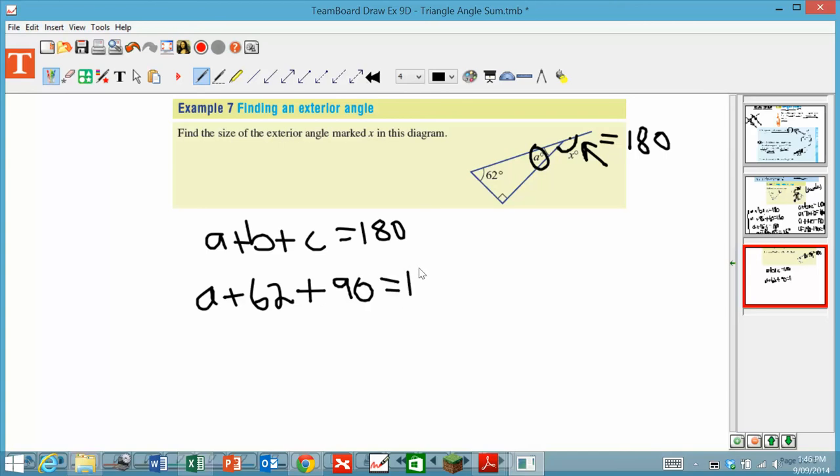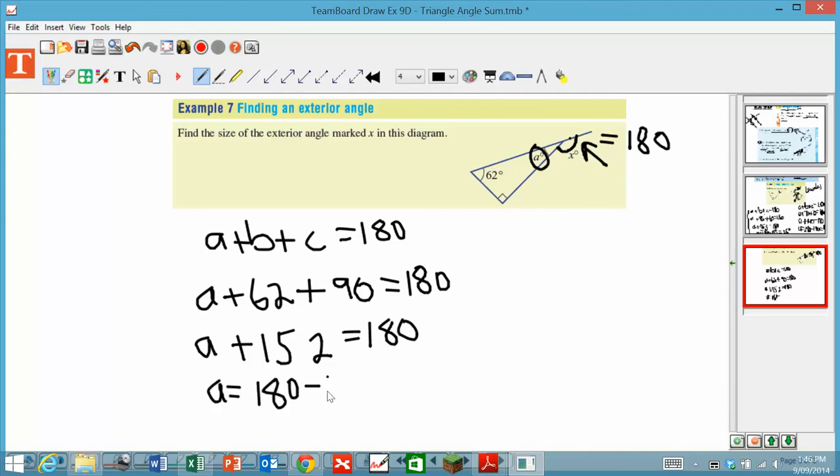And all that is going to equal 180. So A plus, got to add these two, so it's 152 degrees equals 180. So A equals 180 minus that 152. So A is going to equal 28 this time.